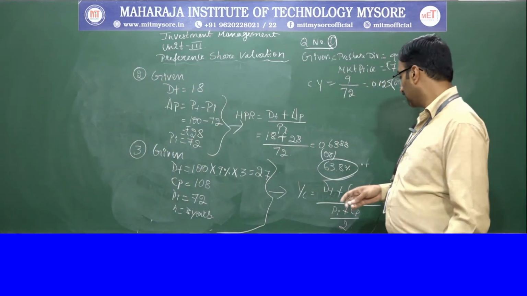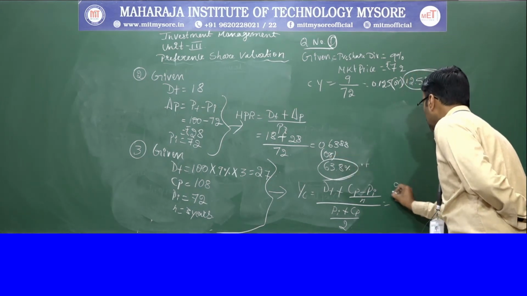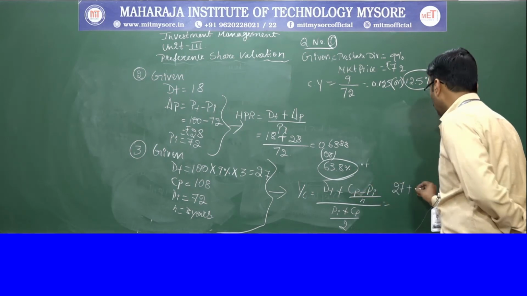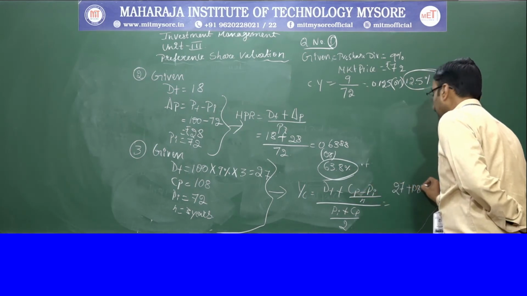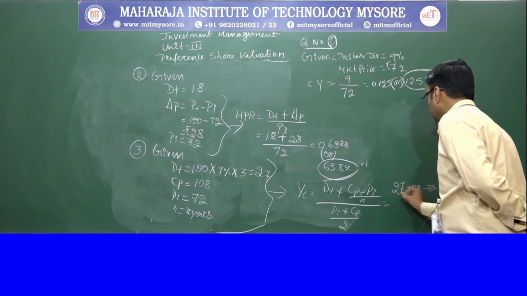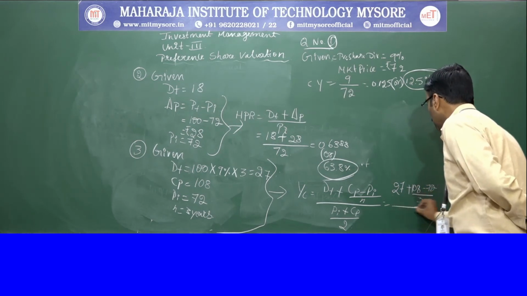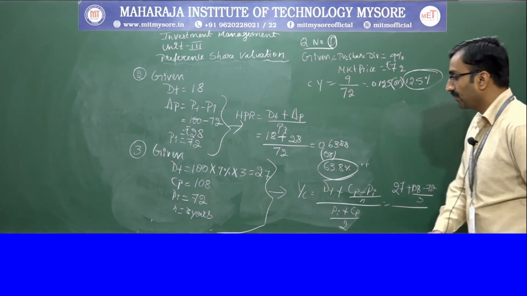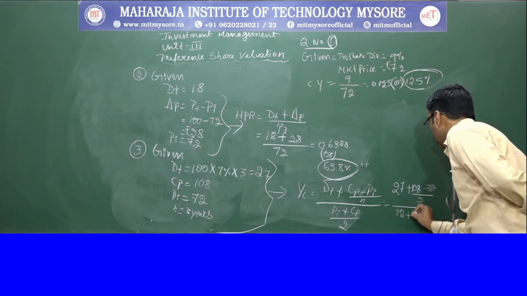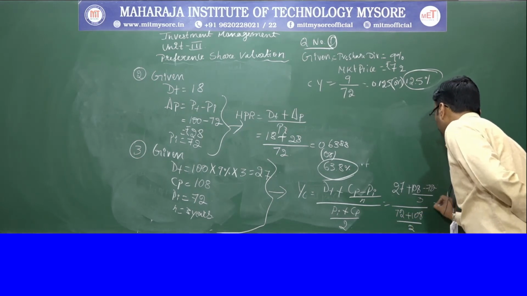So, here dt is equal to how much? 27, plus CP minus PI. CP is 108 minus 72 is PI, divided by N, which is 3 years. Whole divided by PI is 72 plus 108 divided by 2.